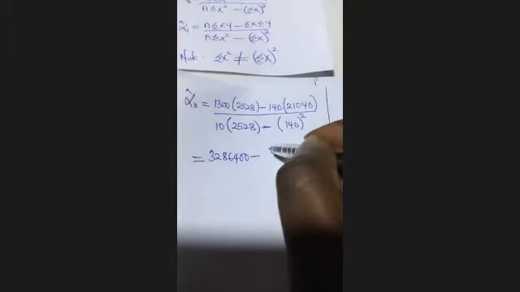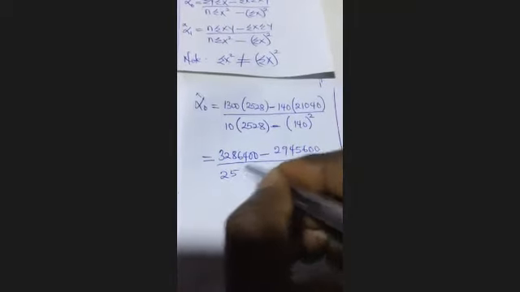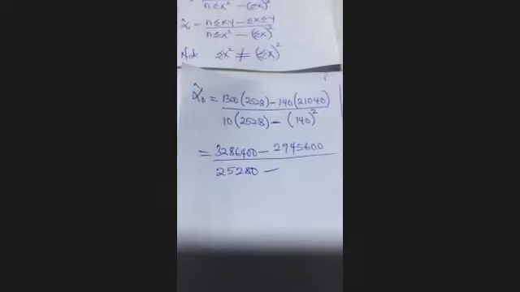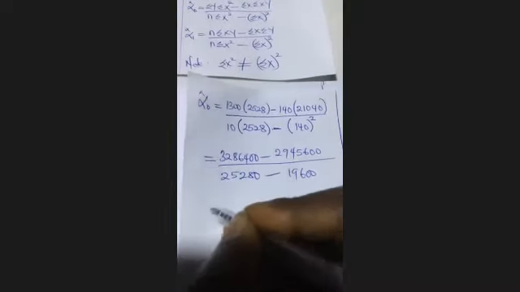Then 2,945,600. Thank you. Okay, this we just add the 0 to the front. 140 squared is what? 19,600.